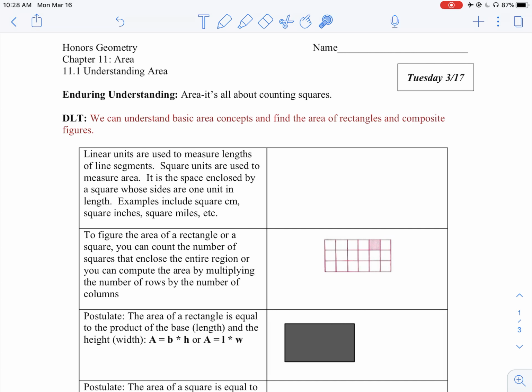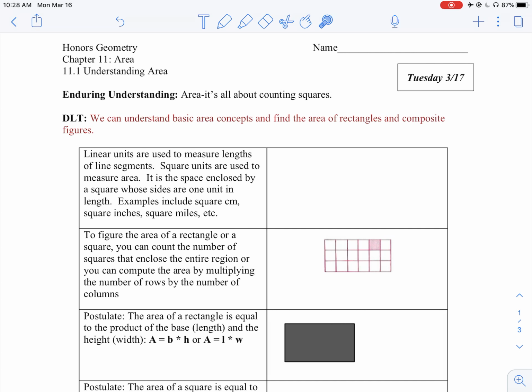This idea of rows by columns takes us to rectangles, where obviously we don't want to break a rectangle into a bunch of little squares and count them every time, especially if there's a lot of squares. And so we can translate this: the 3 times 6 was like taking a length and a width and multiplying them. So the area of a rectangle is either the length of the base times the length of the height or the length times the width. This is our formula for a rectangle.